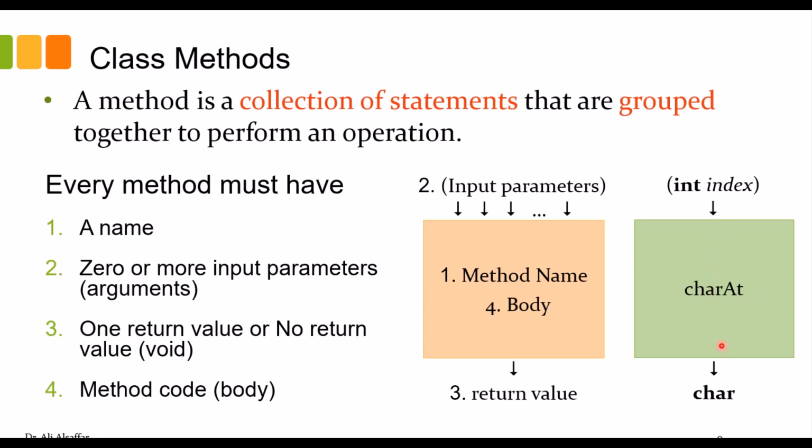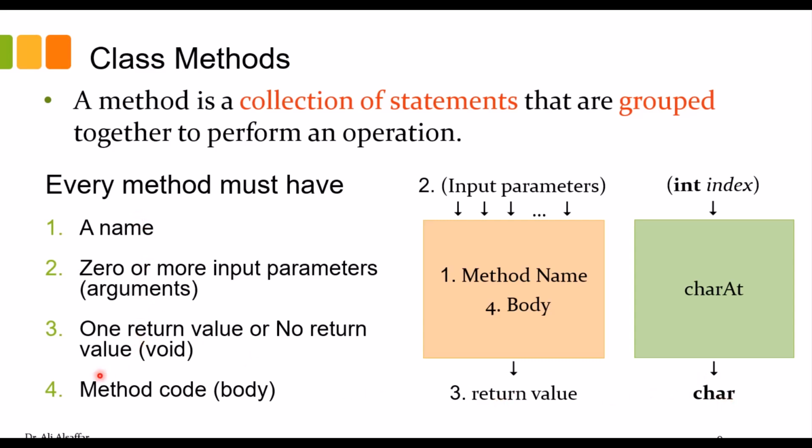This char represents the place. So the index is the place of the character, and charAt will give you the character at that place inside the string. So the name of the method is charAt. It needs one input parameter, which is an integer, and as a return, it gives you a character.